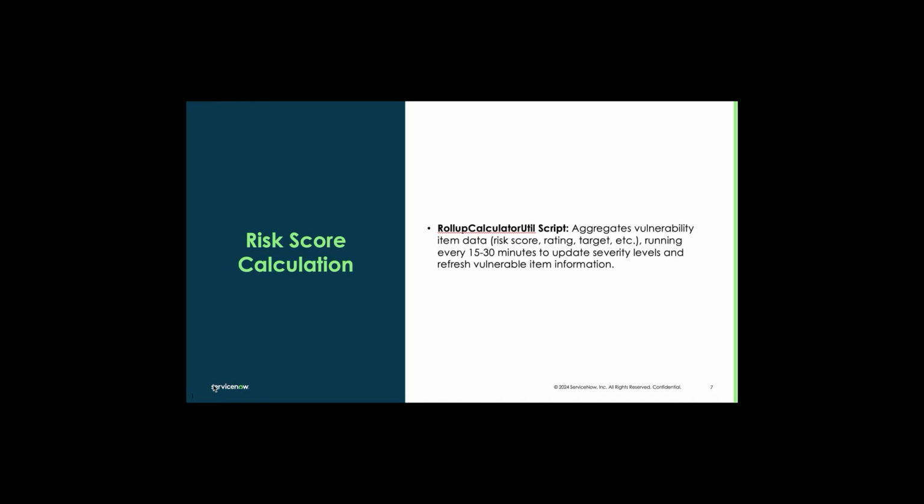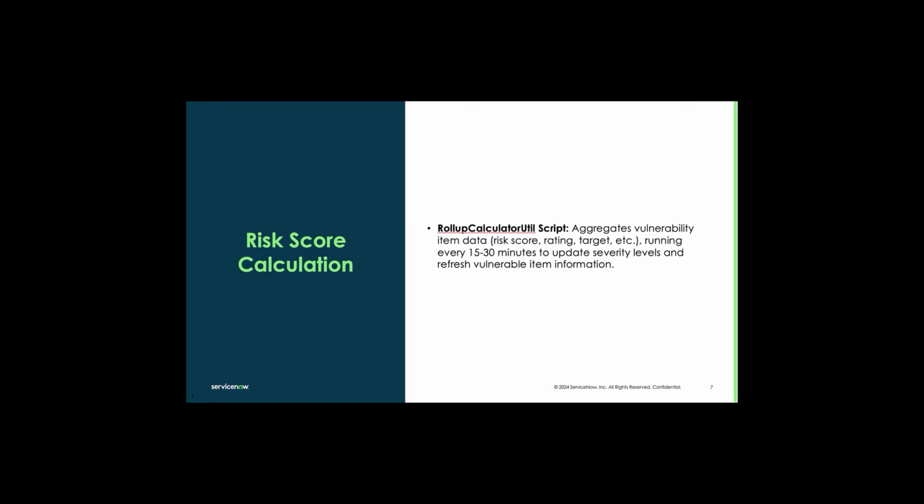Just as a side note, I threw this in here because I think it's important: the rollup calculator util script. We want to make sure that we understand when this runs and what it's doing. From every 15 minutes to 30 minutes to every couple of hours, the severities are going to run and this utility is going to run.